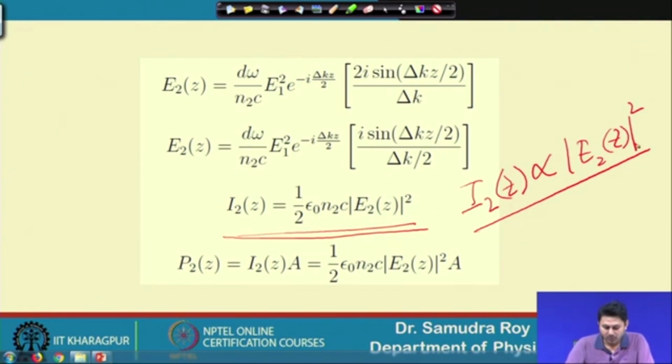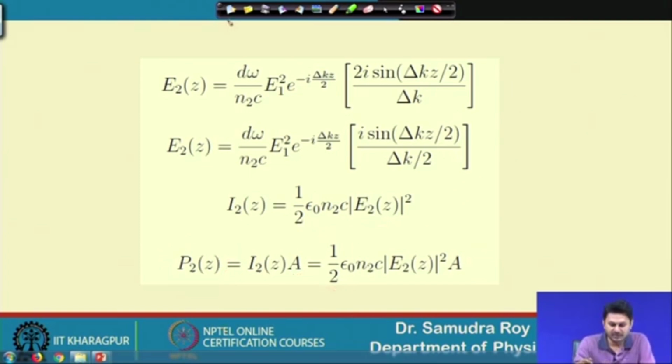intensity. Now this intensity can be represented in terms of power also by multiplying by the area. If I do that, we will have the same expression multiplied by area. Since the value of E2 is known, I can find out the corresponding power. At the end of the day, we want to know the power of the second harmonic, so we can convert everything into power. Okay.